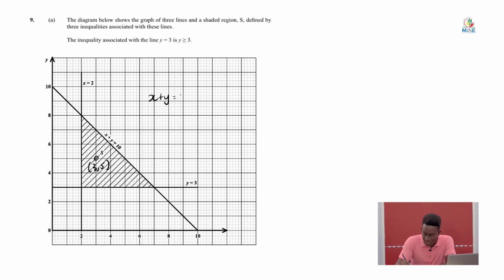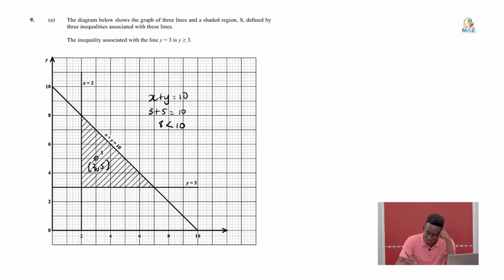So x plus y would be, we know x is 3 plus 5, and we know this is 10. So 3 plus 5 would be 8. So 8 is obviously less than 10. So we see when we put in a pair of points, the answer will be less than 10.